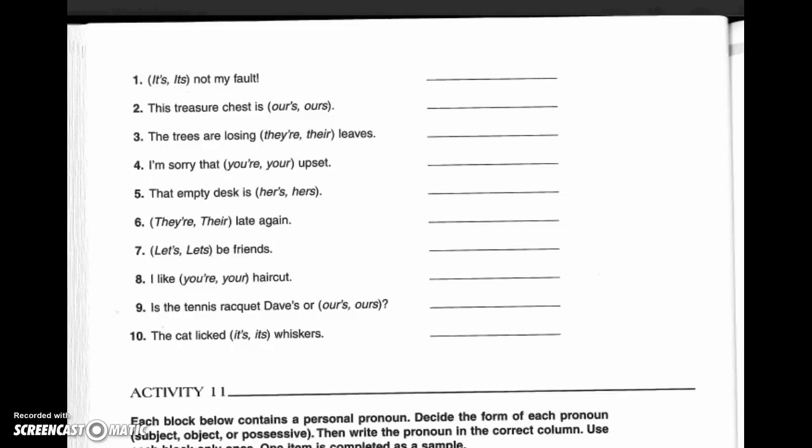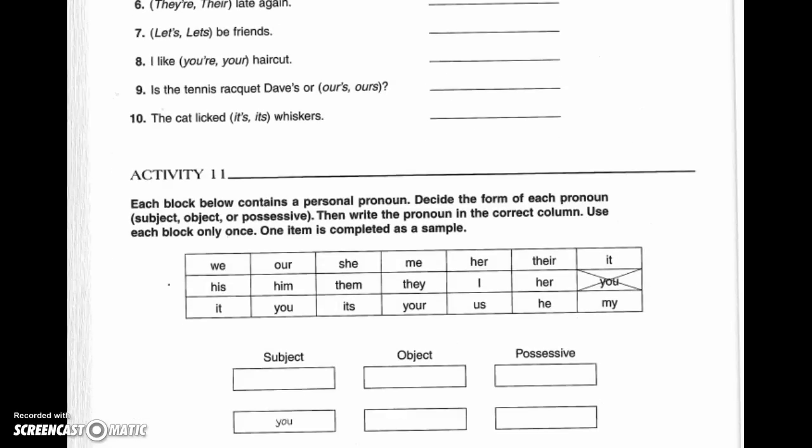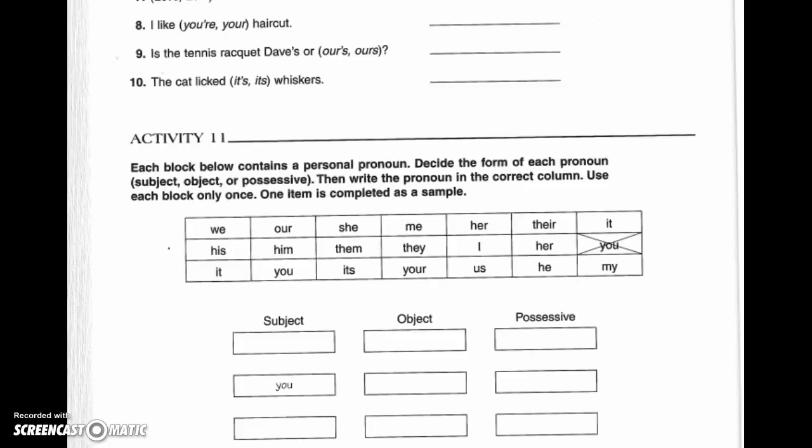Let's get those down pat. And number 10, remember to use the correct form of their, your, and its. Activity 11, I would like you to skip. And that concludes our screencast on pronouns and antecedents.